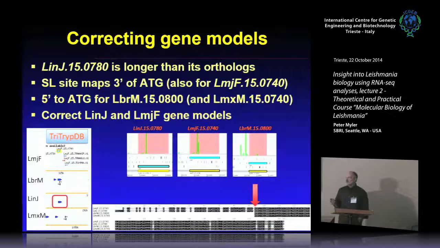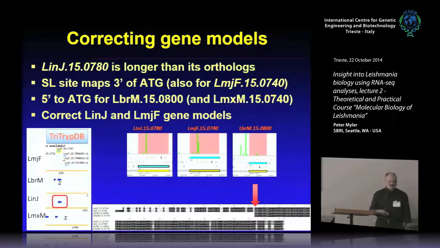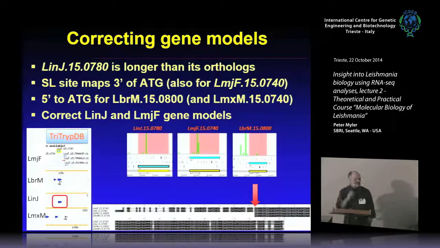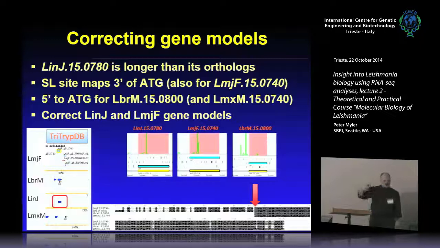If you look at the existing genomes, you will find hundreds of examples of this. So there are hundreds of genes in the Leishmania genomes that are on TriTrypDB now where the beginning of the translation is incorrect. Most of the time, it will be too long, but sometimes we actually made the wrong choice going the other way. So that needs to be corrected and is in the process of being corrected.